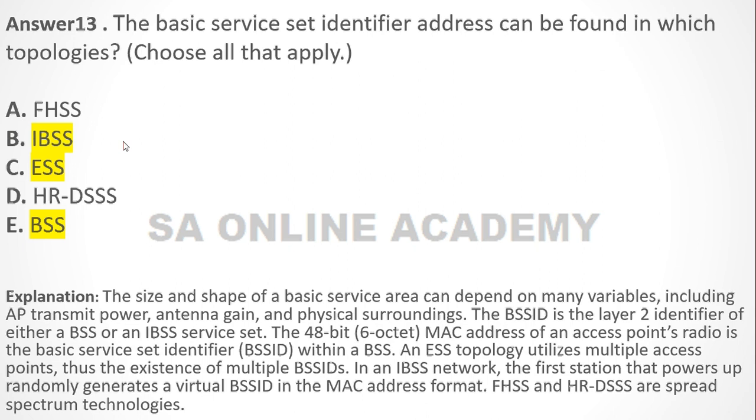The BSSID is the layer 2 identifier of either a BSS or an IBSS service set. It is a 48-bit address, that is, the MAC address of the NIC card of an access point, available in IBSS networks, extended service sets, and BSS networks.